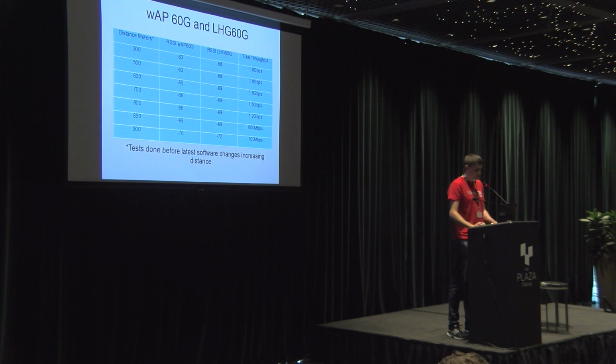When it went farther, the speed dropped a little bit, but we were able to reach 100 megabytes per second duplex speed over 900 meters of distance. The test was done before the latest software changes for increasing the distance.